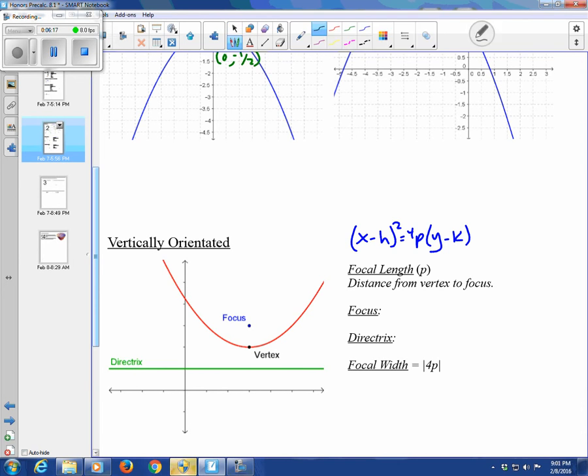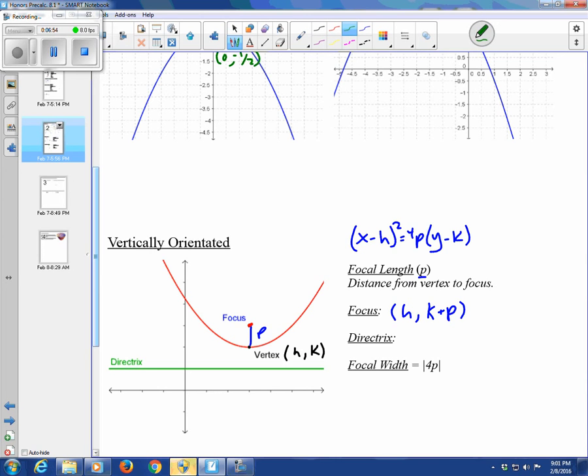Right here what we have is a parabola on the xy axis with a vertex at, let's say, (h, k). And if we are defining our focal length in that exact same way as being the distance from the vertex to the focus point, then we can define the position of the focus with the ordered pair (h, k + p), because basically what we've done is gone up the focal length p from the vertex to the focus.